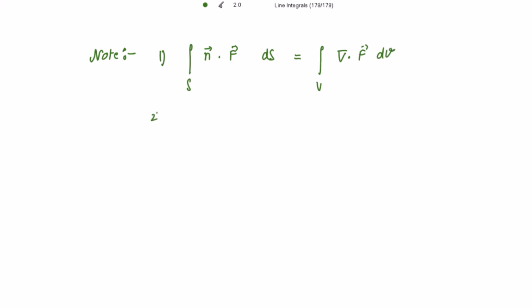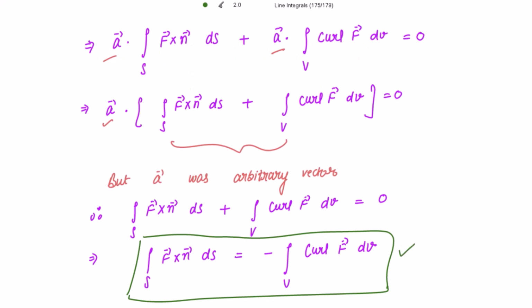Then the second result, which we have proved as the first result: the surface integral of cross product of f vector with n vector equals negative of the volume integral of curl of f vector. This result can be written as the cross product of n vector and f vector. If I interchange these two, the cross product gives a negative sign, which cancels out with the sign on the right hand side.